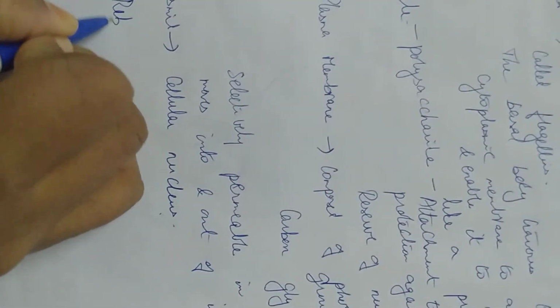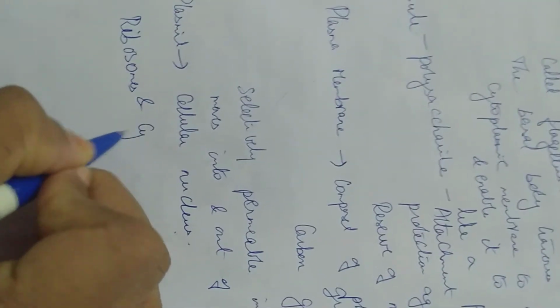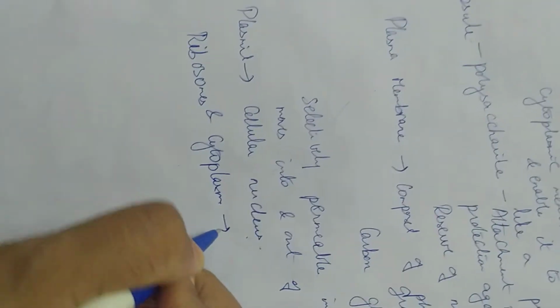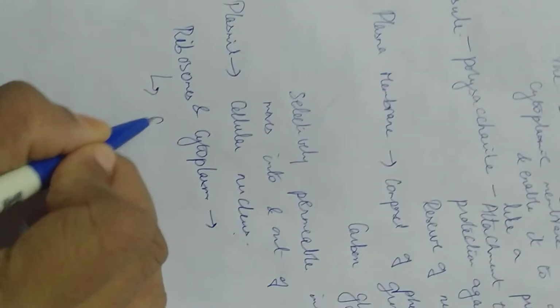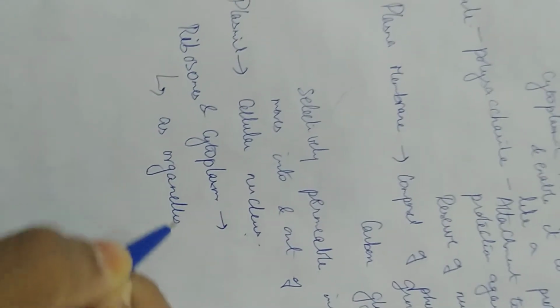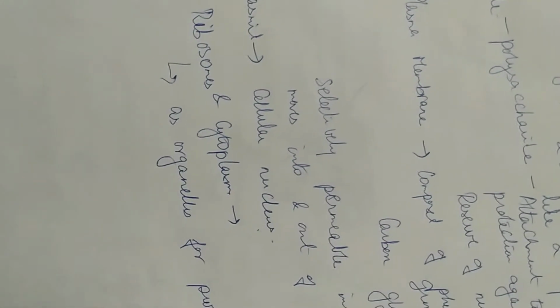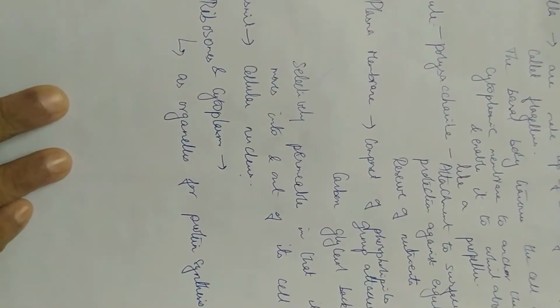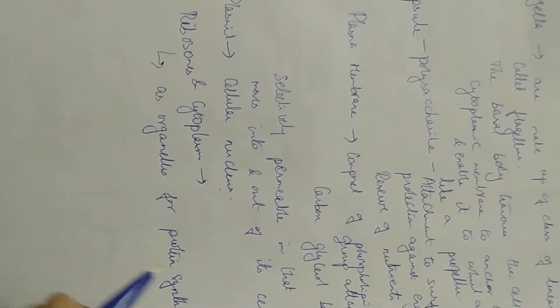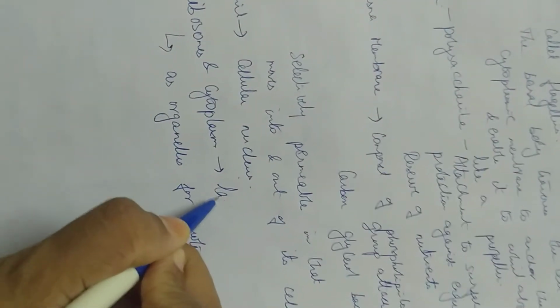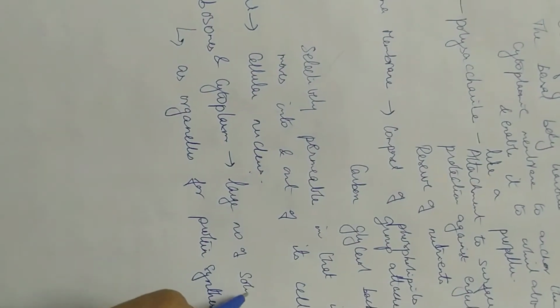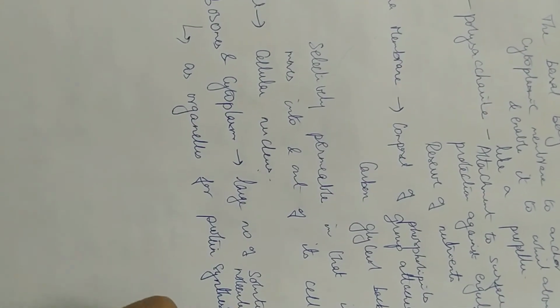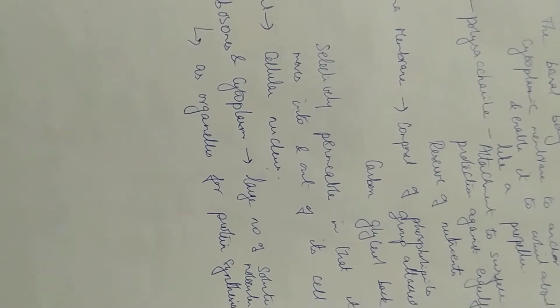Ribosomes act as organelles for protein synthesis, whereas the cytoplasm consists of a large number of solutes, low and high molecular weight substances.